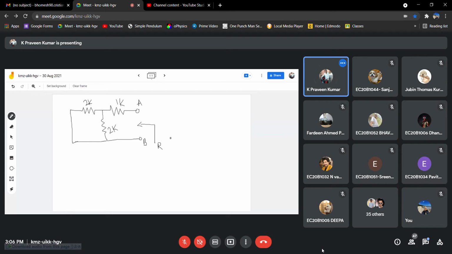So across the terminals A and B, what is the resistance that we are seeing from this point? That resistance is nothing but RTH, the Thevenin resistance.